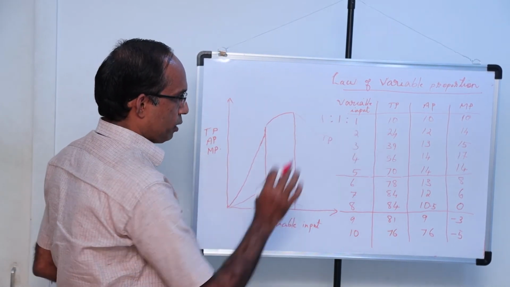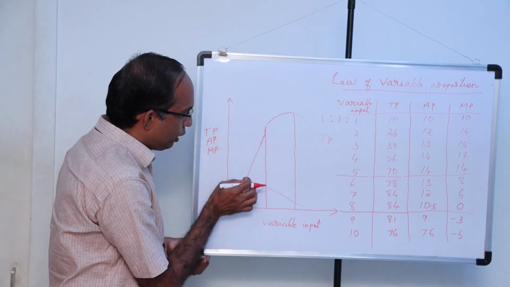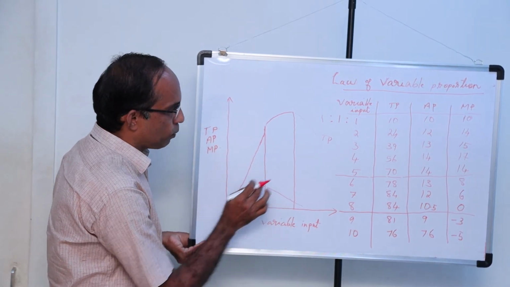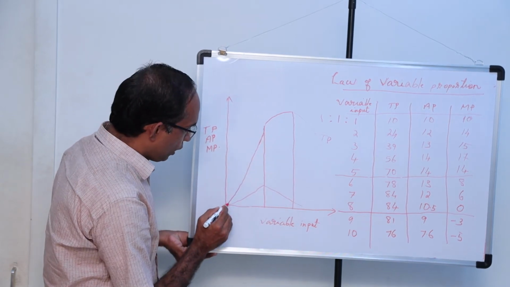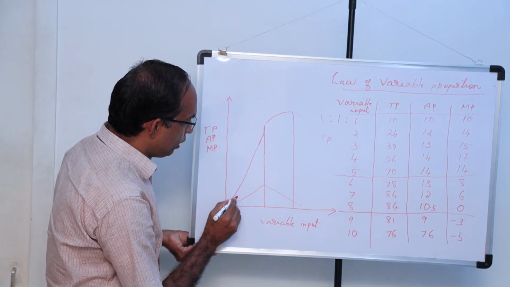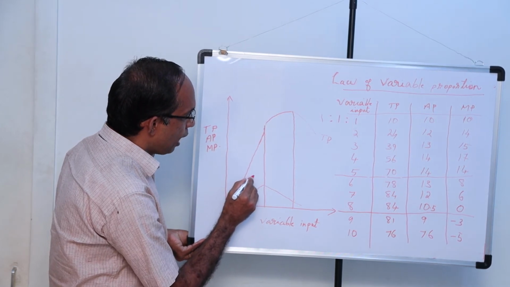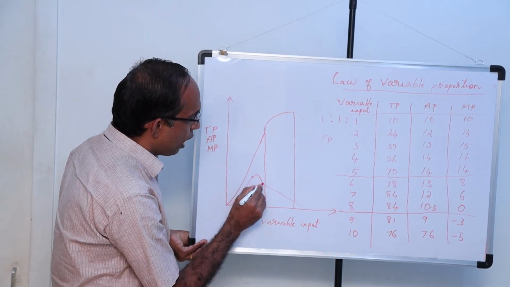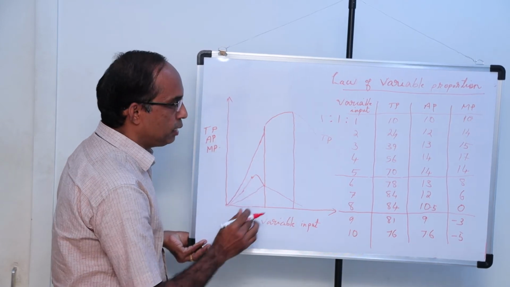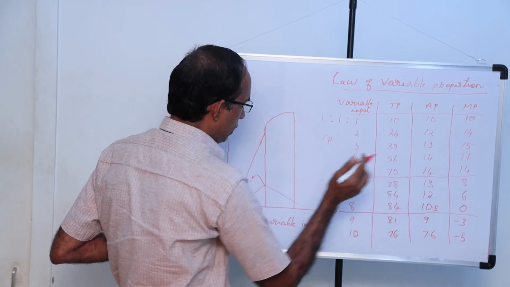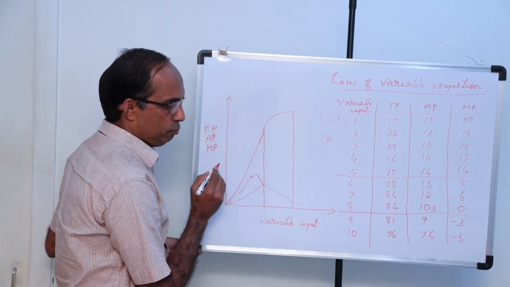Then marginal product. Draw the curve between total product and average product. Then what happens to marginal product in the first stage? Marginal product also increases and reaches maximum, and at the end of the first stage, average product and marginal product become equal.